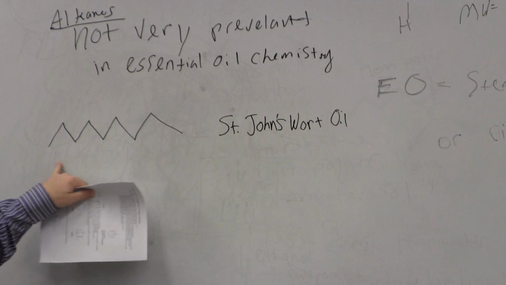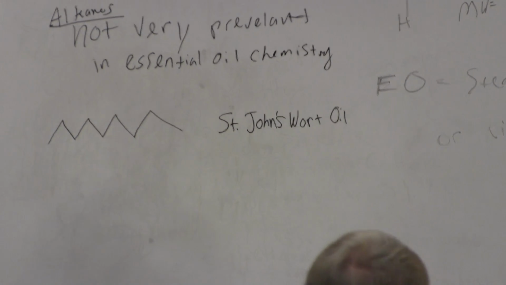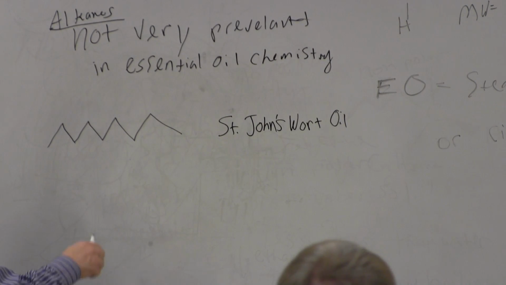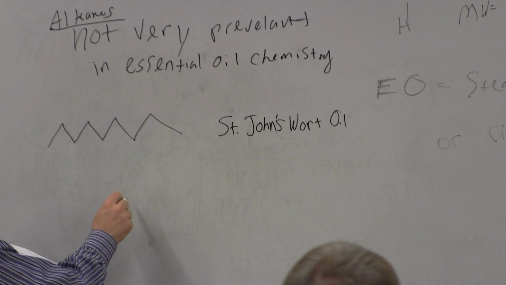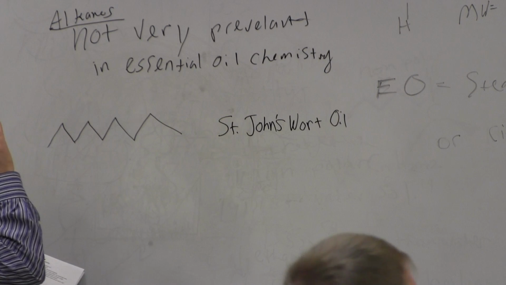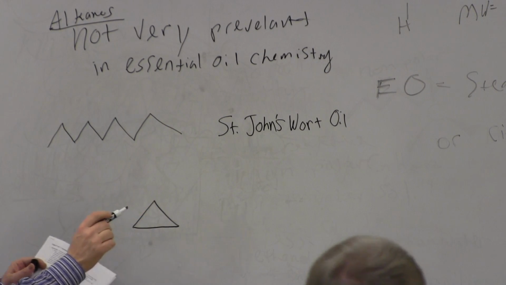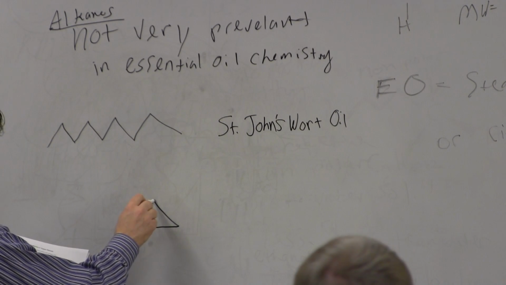And that one is not so common. Probably the most common, and I'll try to hit you with the most common one in each case, is a structure that looks like this. The most common alkane in essential oils is this here. And remember, this is a two-dimensional structure for a three-dimensional object.